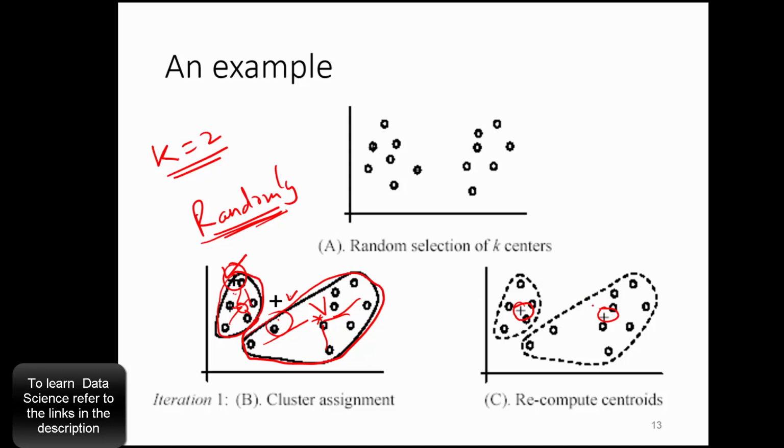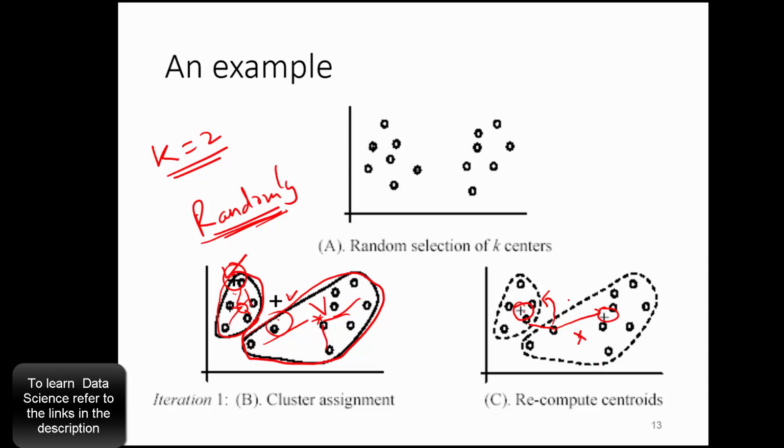So the centroid has changed. If the centroid has changed, the next step is that you again calculate the distance and regroup the clusters. That means the nearby points will be in the nearest cluster. This data point is very close, but this is far off, right? So this data point should be in this cluster, not this cluster, right?